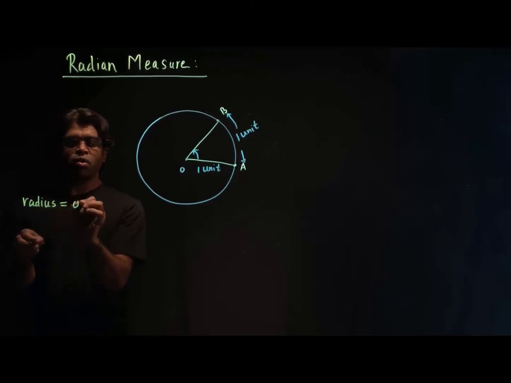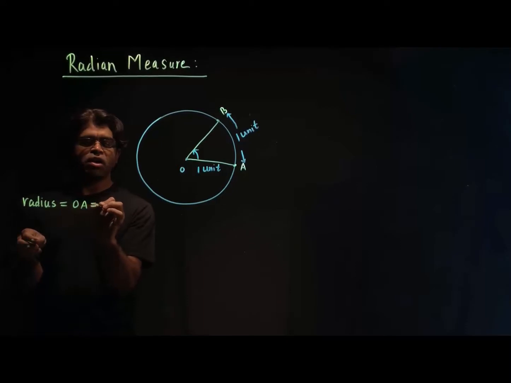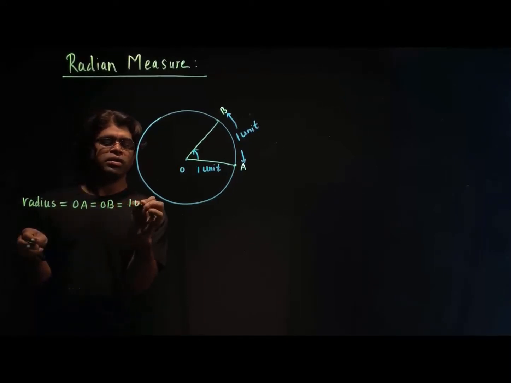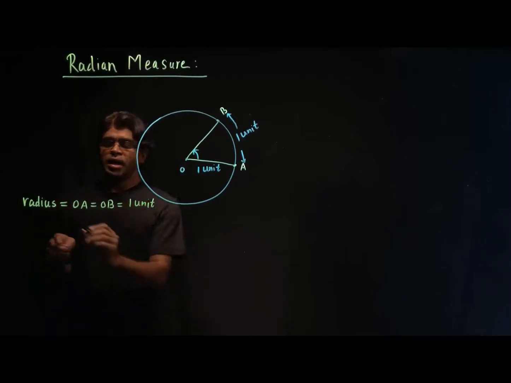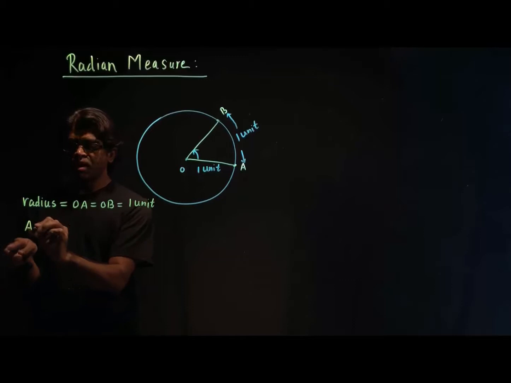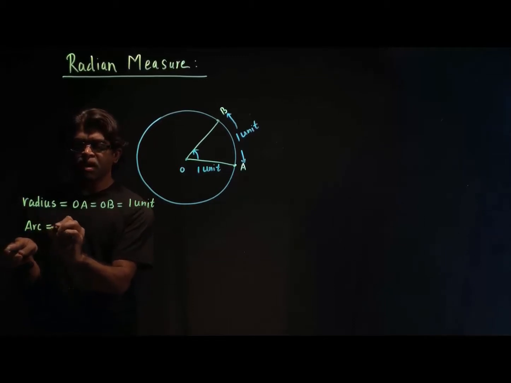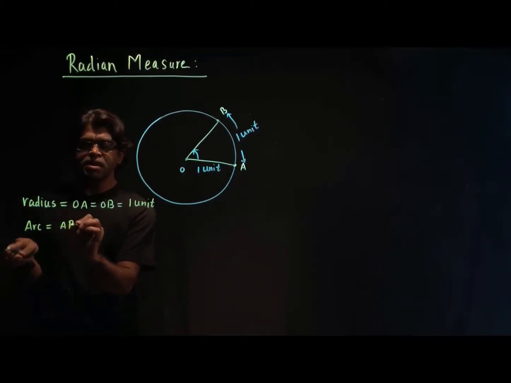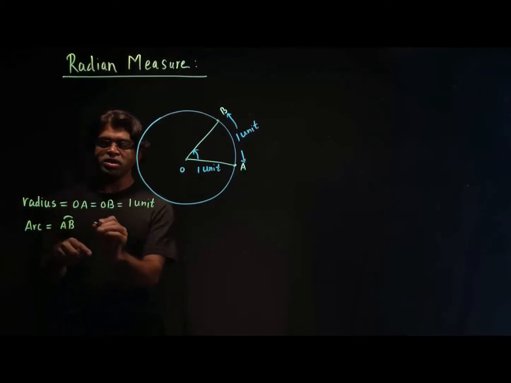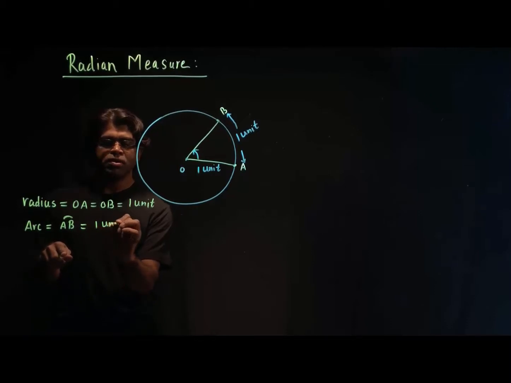Radius is my OA and that is also equal to OB, and that is 1 unit, right? And my arc is AB, and this is the symbol for the arc. So my arc AB is also 1 unit, right?